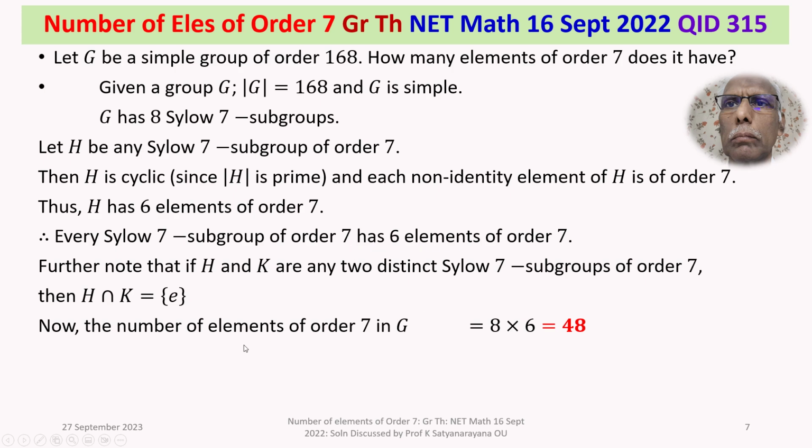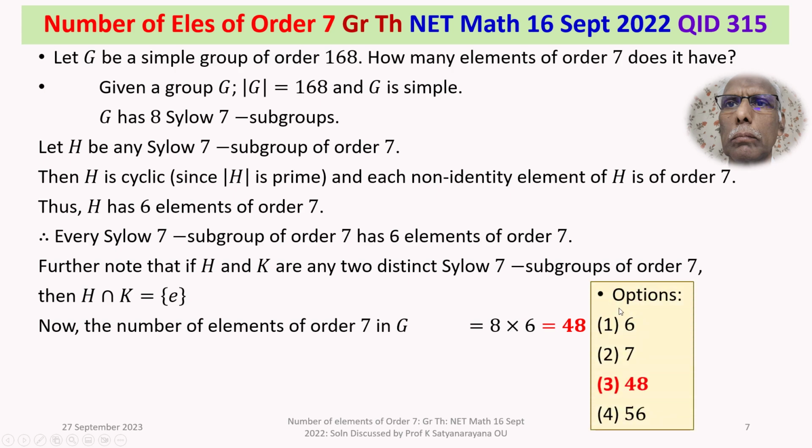Therefore, the total number will be the number of Sylow subgroups 8, and in each one 6 elements of order 7 are there. 8 into 6, that is equal to 48. So let's look at our options. Our answer 48 appears against option 3. Therefore, the answer to this question is option 3. That is, the number of elements of order 7 in G is 48.